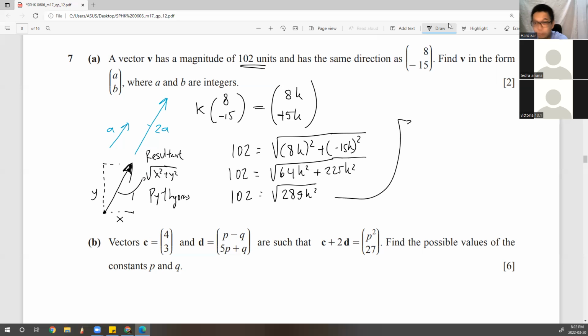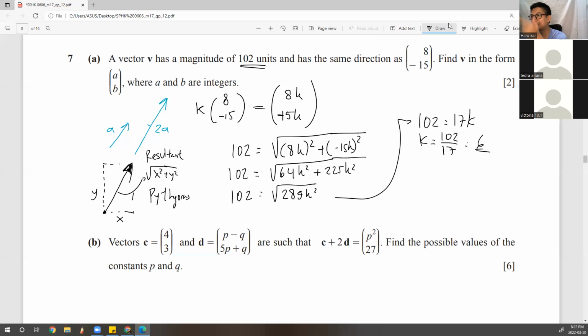So we don't have to square both sides, because you can just get the number out of the square root. So 102 equals 17k, and k is 6, right?